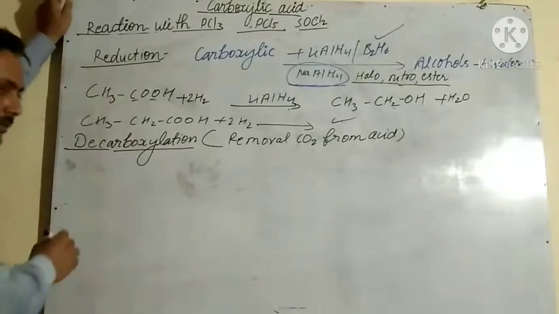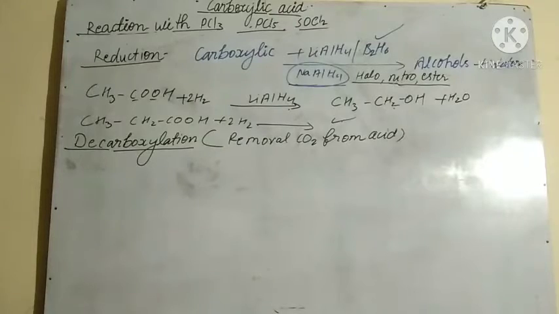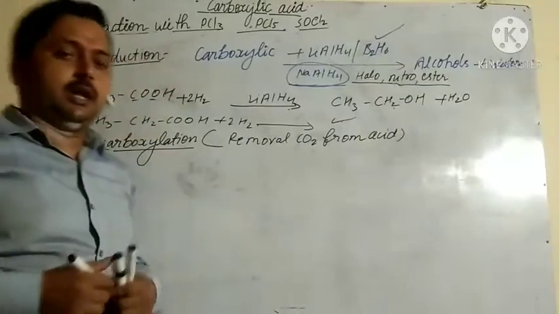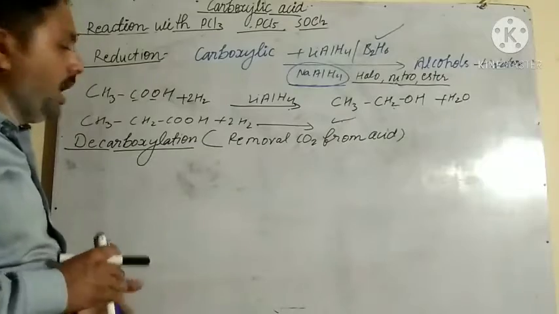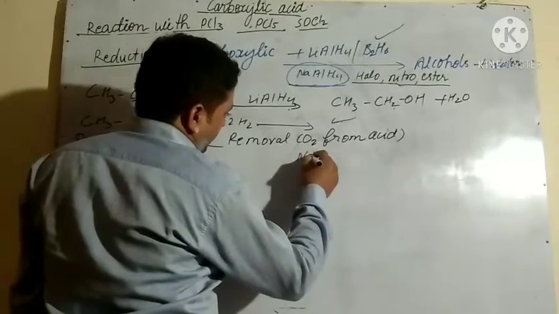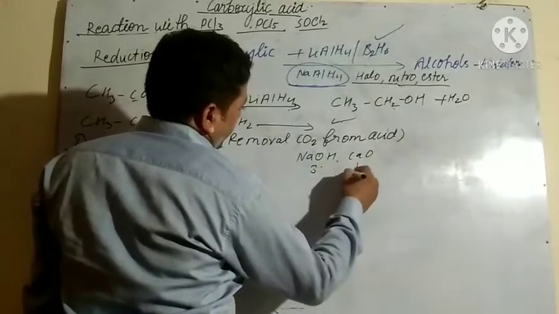So if we take the sodium salt of an acid, when the sodium salt of a carboxylic acid is heated with soda lime, it gives a hydrocarbon. What is soda lime? It is a mixture of NaOH and CaO in the ratio 3:1.